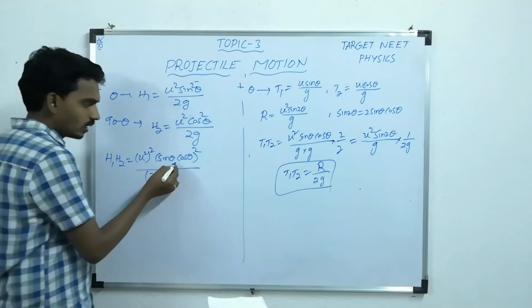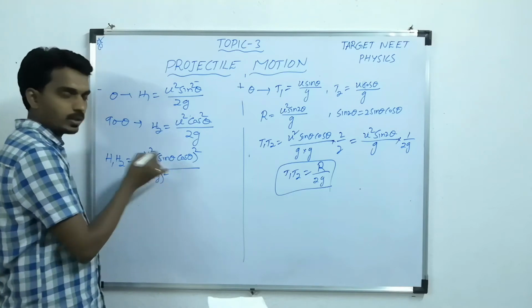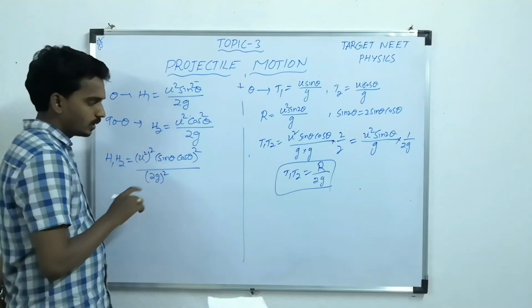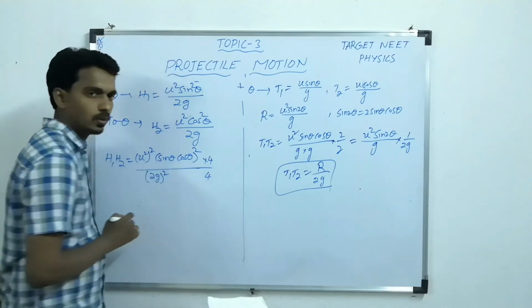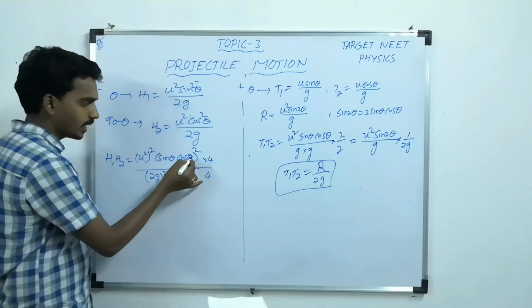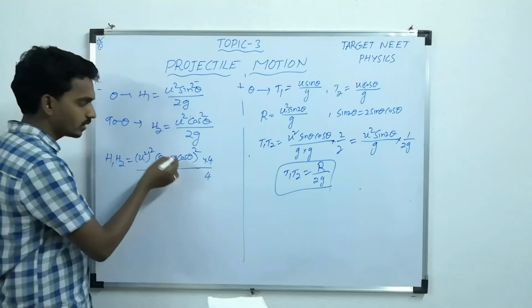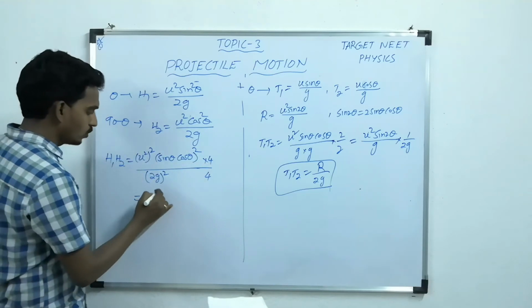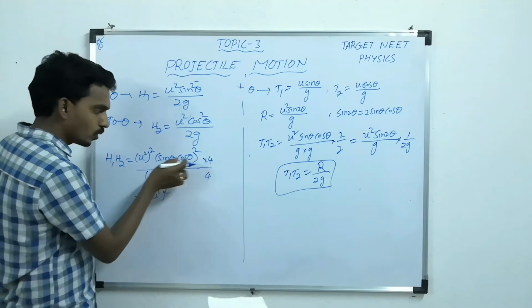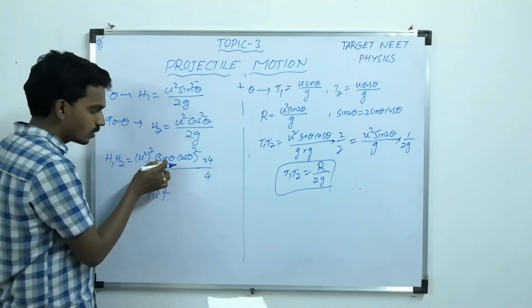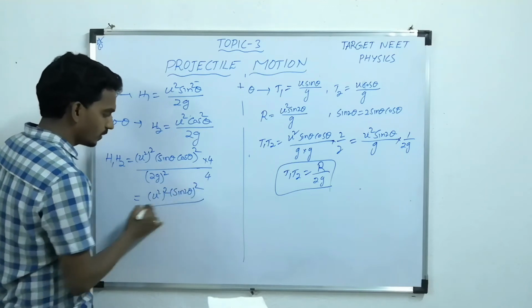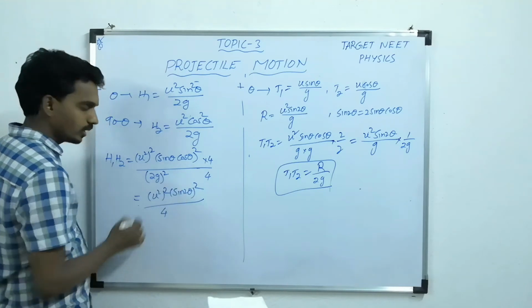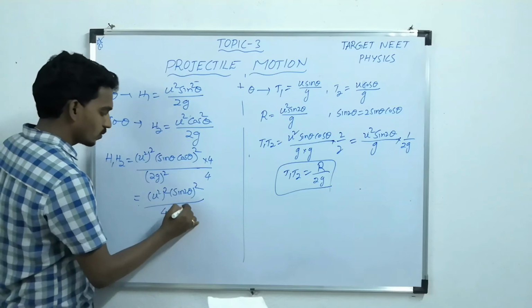Now here to write it as sin 2 theta, you need 2, but it is squared. So what I will do is multiply with 4 and divide with 4. So 4 I can write as 2 square, so you can take the 2 inside. So u square whole square, this 4 I am taking inside, 2 square. So 2 sin theta cos theta, sin 2 theta whole square, divided by 4 into 4g square.